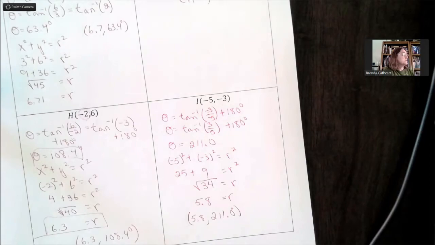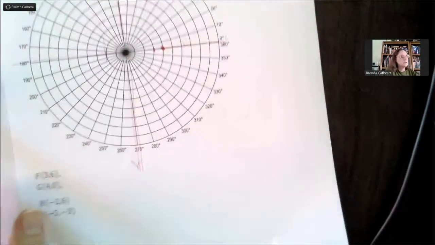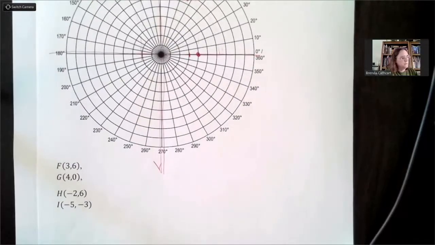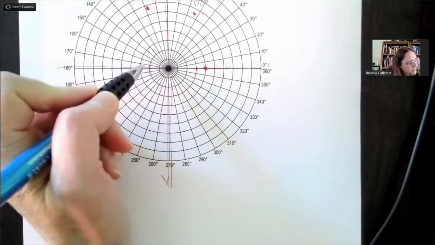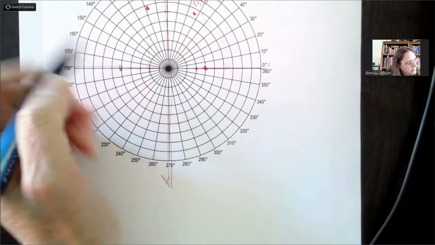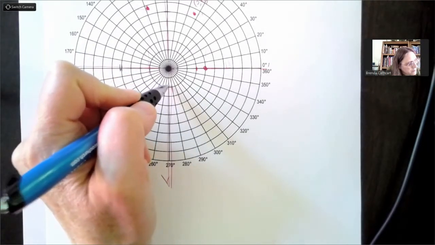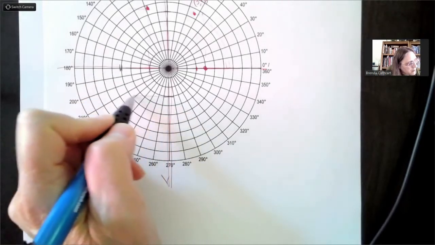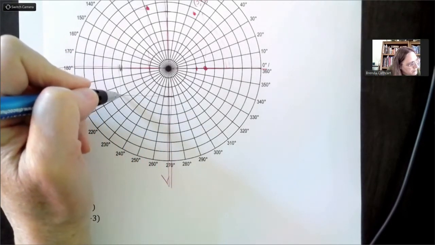Okay, again, let's check those and see if they make sense. We're going to look at the rectangular coordinates, negative 5, negative 3. So negative 1, 2, 3, 4, 5 going in this direction, and 1, 2, 3 going down here. And these two meet right about there.